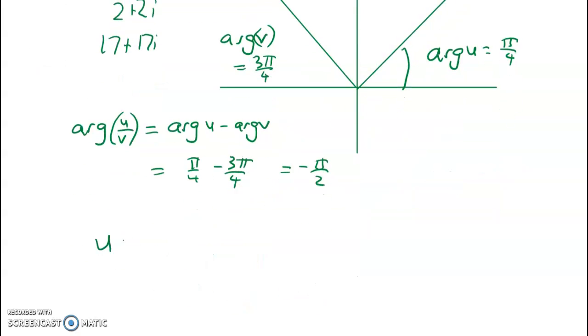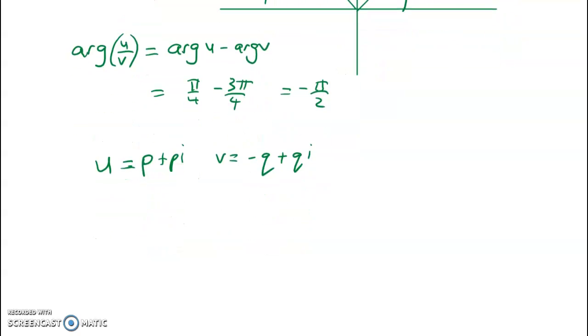This is using algebra. u is equal to p plus pi, and v is equal to negative q plus qi. u over v is equal to p plus pi over negative q plus qi.